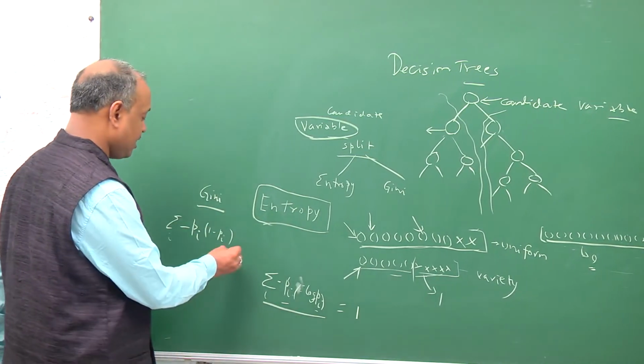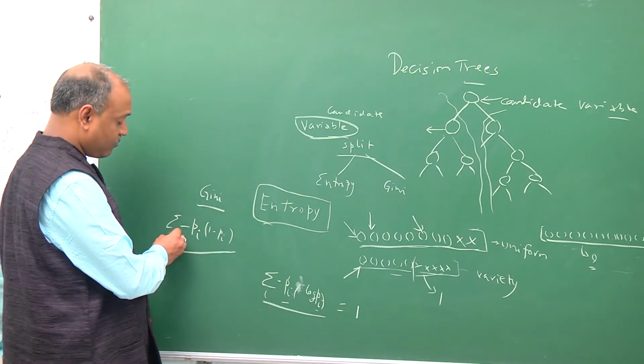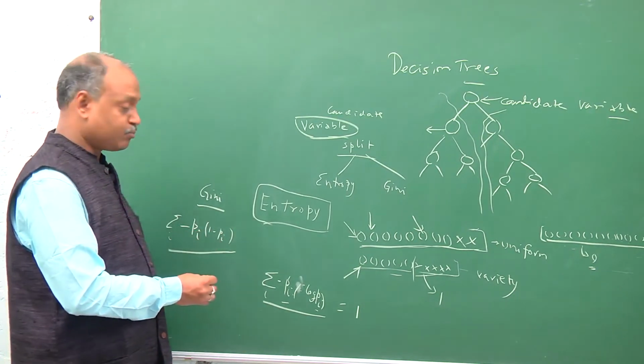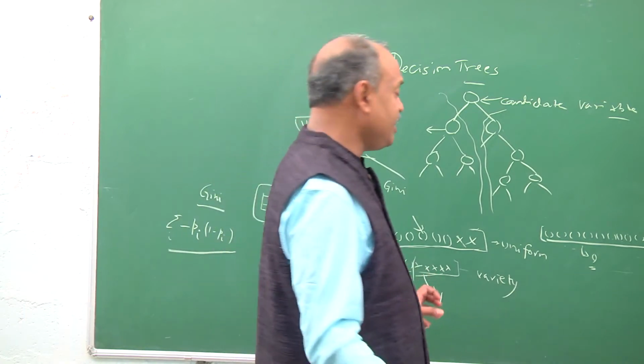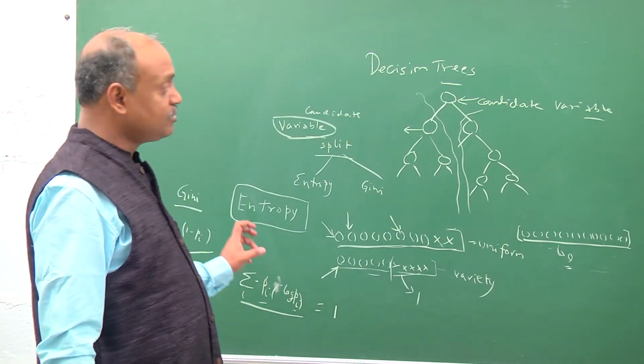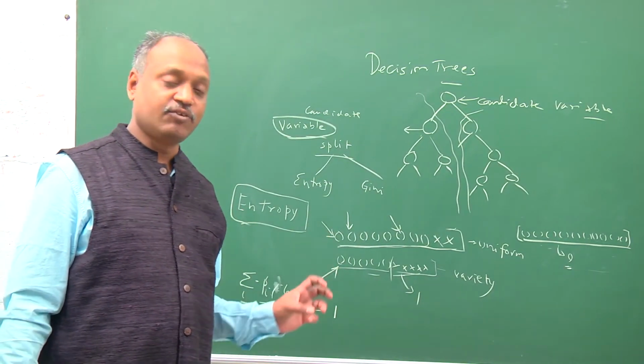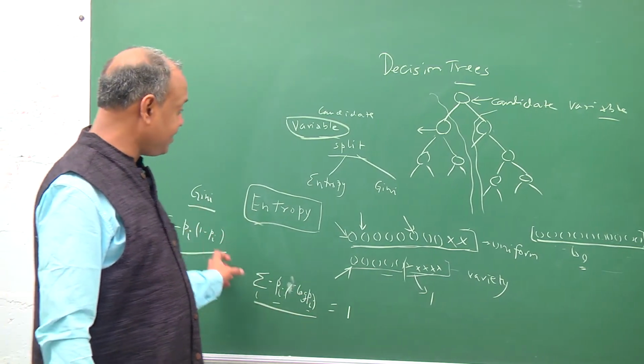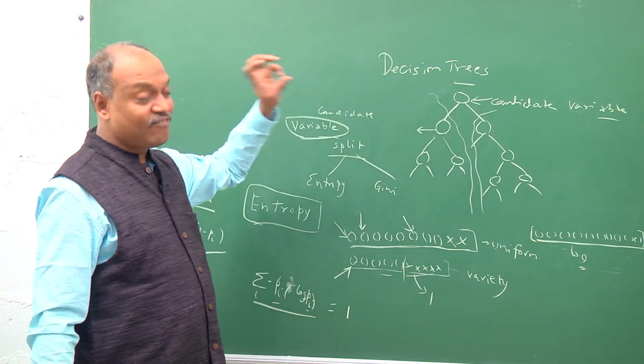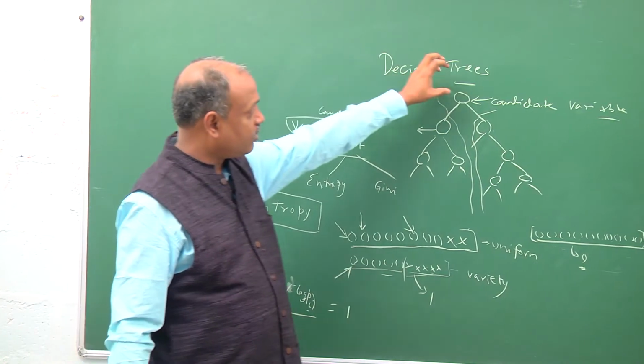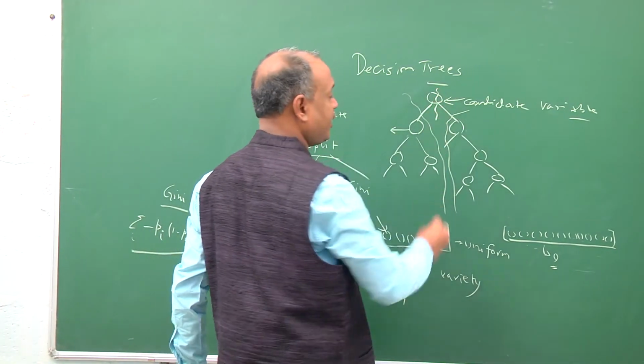That is called the Gini coefficient. It's measured by the sum of p_i times (1 minus p_i). So between entropy and the Gini coefficient, you can use either as the criterion to choose which candidate variable value combination will be chosen for splitting at a particular point.